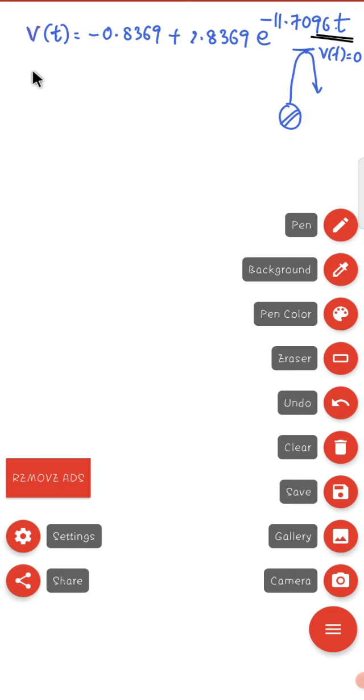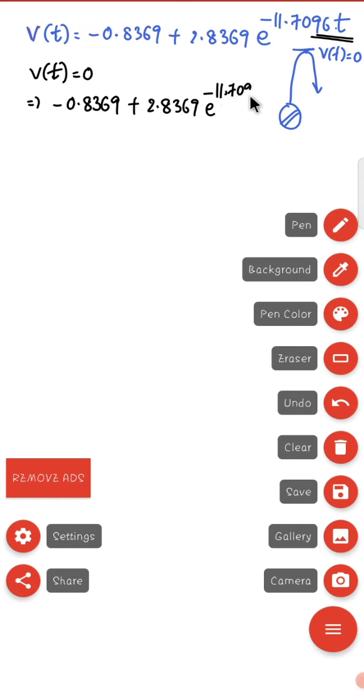That's my bad. If we equate v of t equal to 0, then we have to equate minus 0.8369 plus 2.8369 e to the power of minus 11.7096 t must be 0.